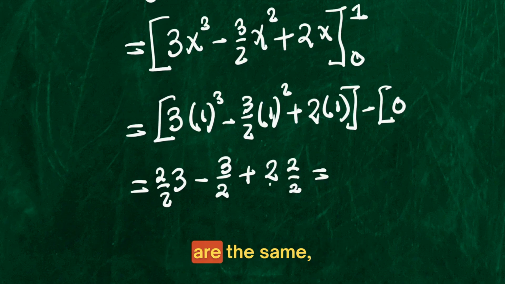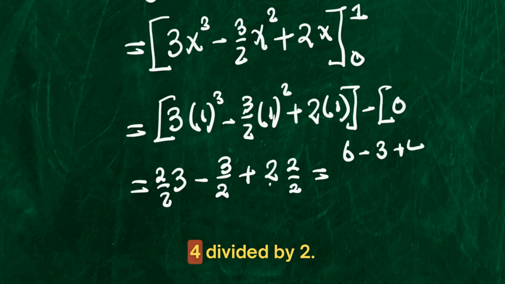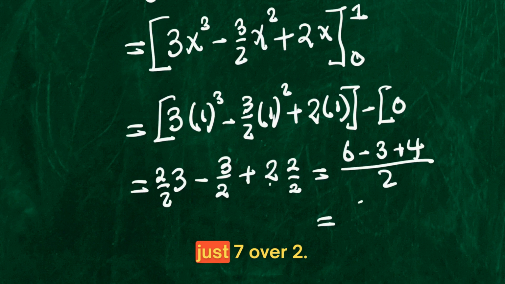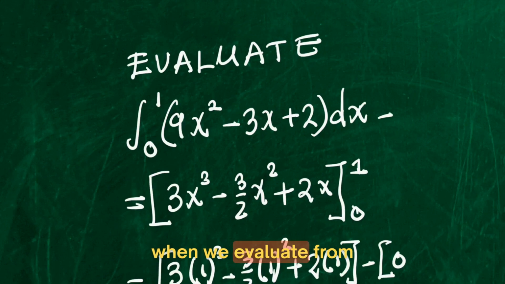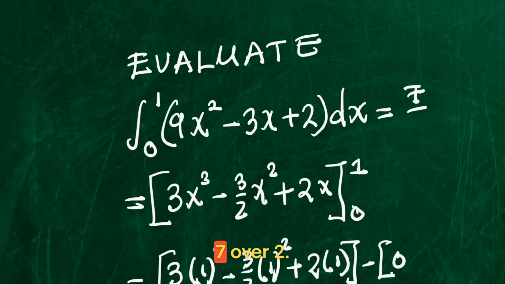Now that the denominators are the same, we can just add the numerators. So we have 6 minus 3, then plus 2 multiplied by 2 is a 4, divided by 2. So 6 minus 3 plus 4 is just 7 over 2. So the value of this integral when we evaluate from 0 to 1 is 7 over 2.